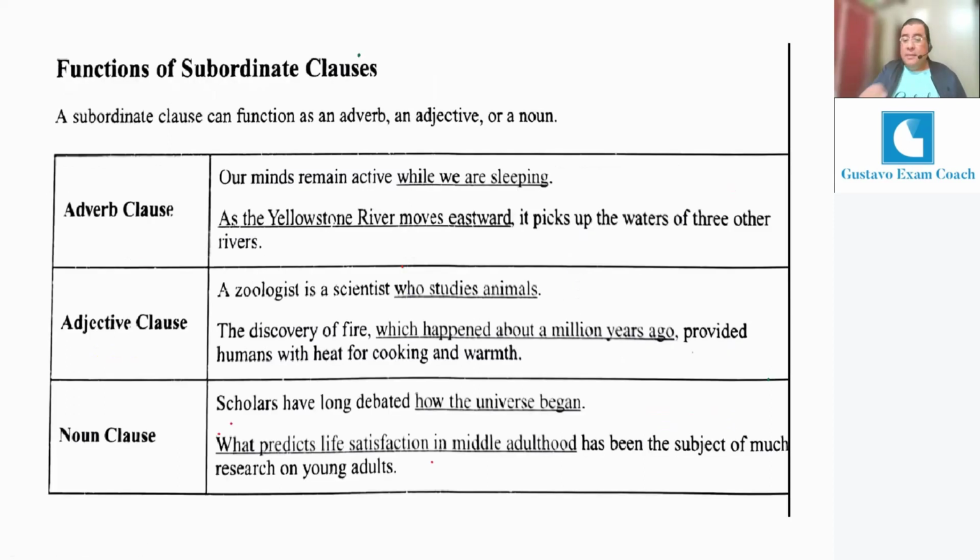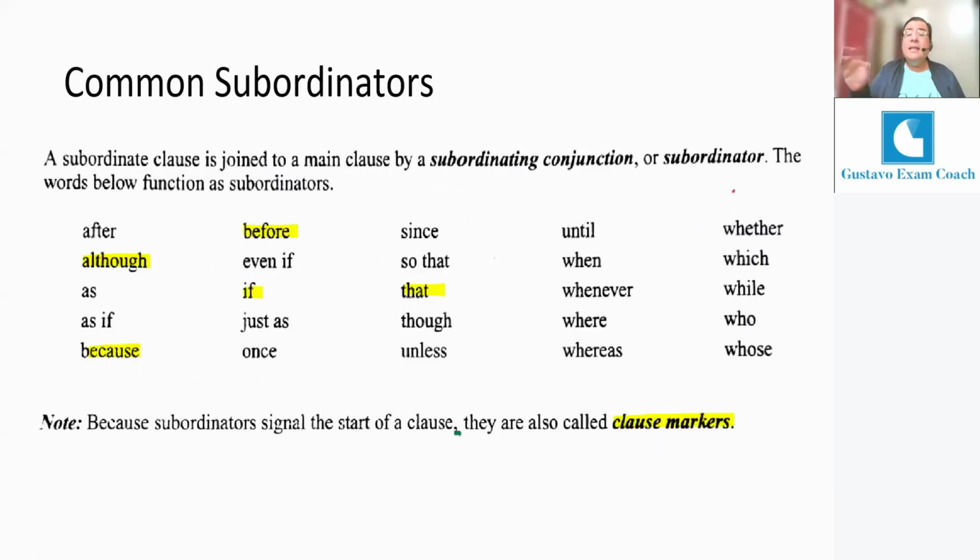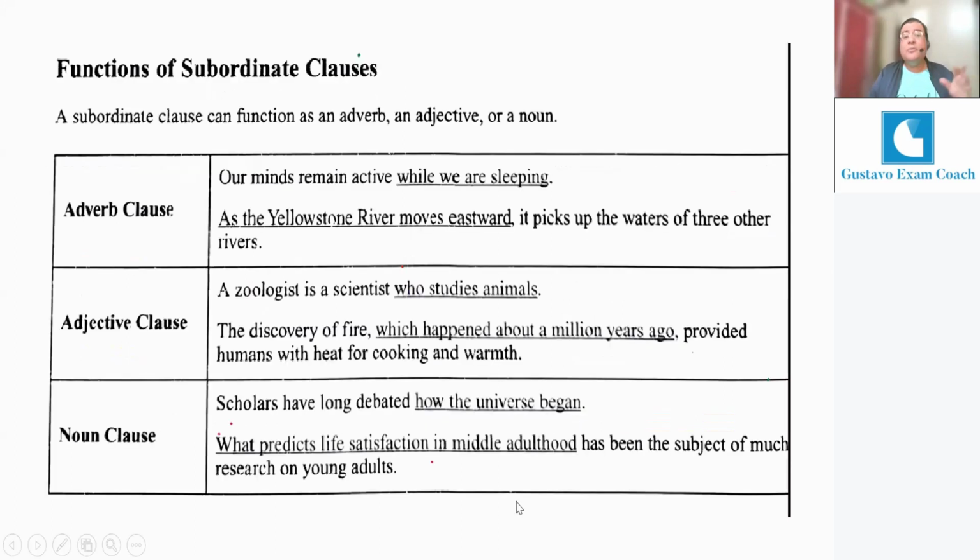Subordinate clauses, for example, the clauses in the previous table, can be classified according to their role. Let's see these three roles: the function as an adverb, as an adjective, and as a noun. When you have a subordinate clause working as an adverb within a sentence, it might modify or tell you some attribute, some characteristic of the conjugated verb.